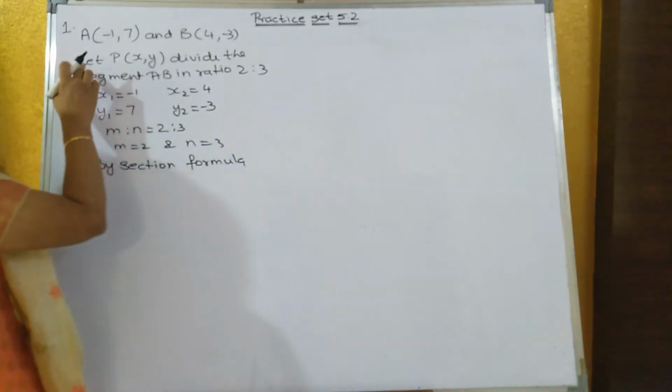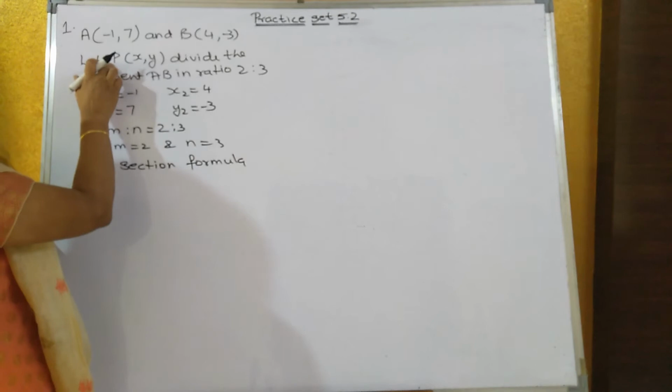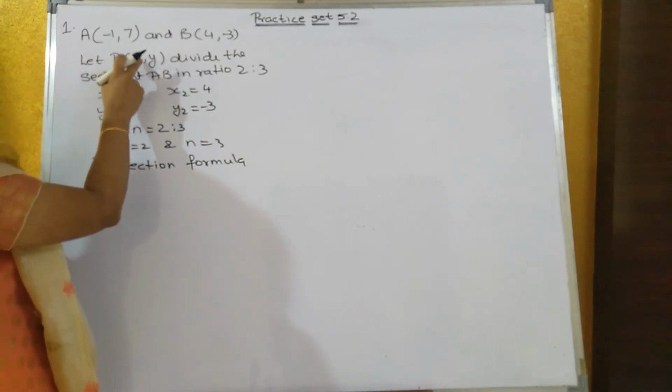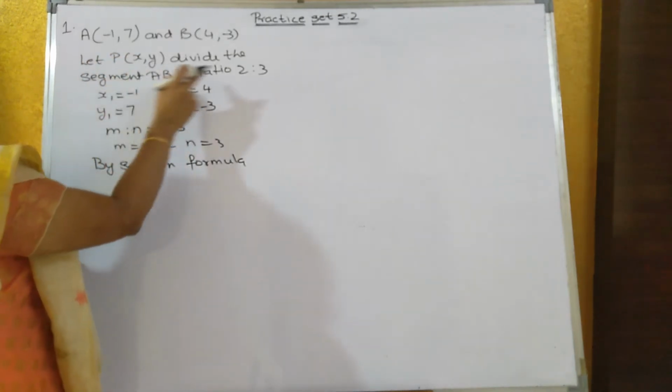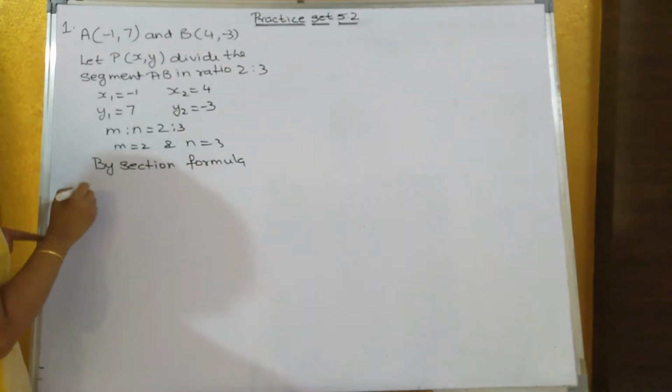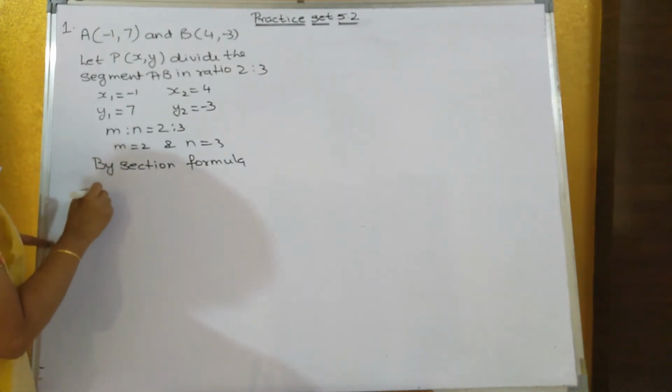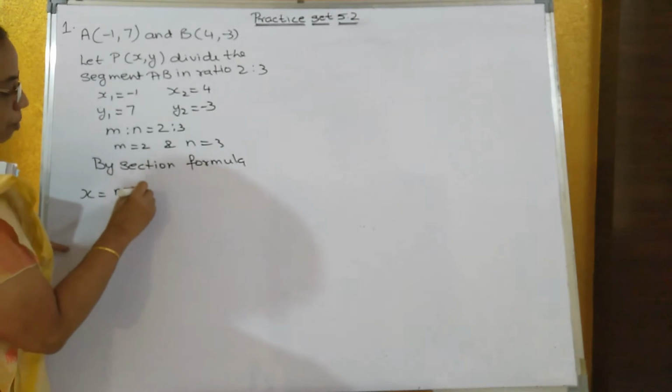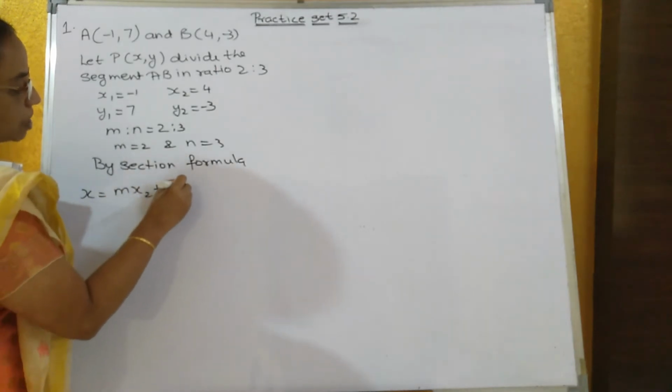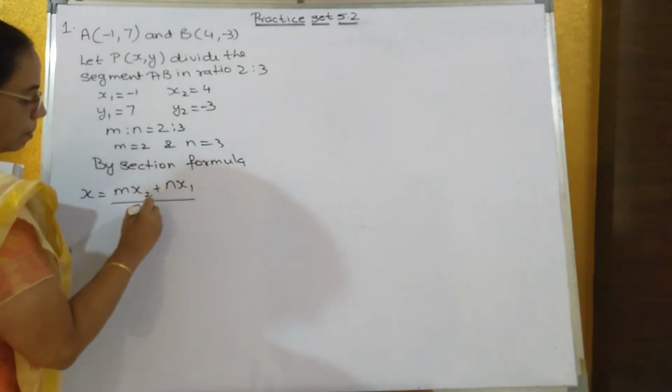Now we have already taken the point which is between A and B. The coordinates of point P are x and y, which divides the segment AB in the ratio 2:3. So what will be x? x is equal to, first write down the formula, (m x2 plus n x1) upon (m plus n).